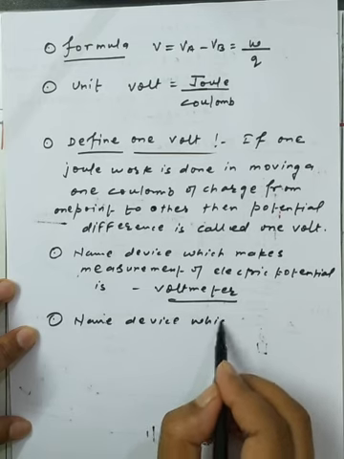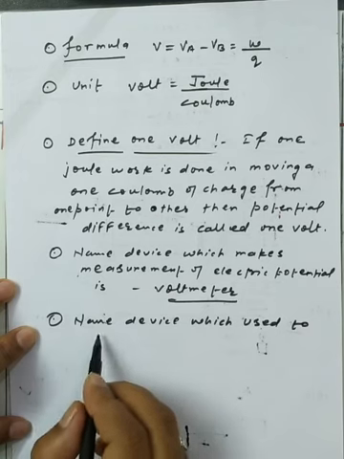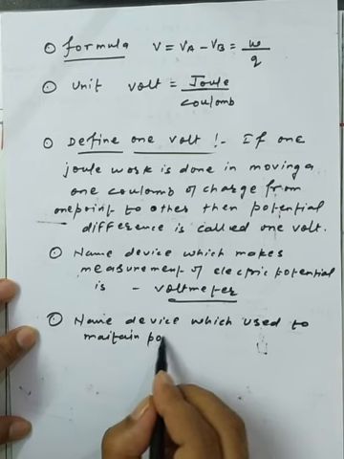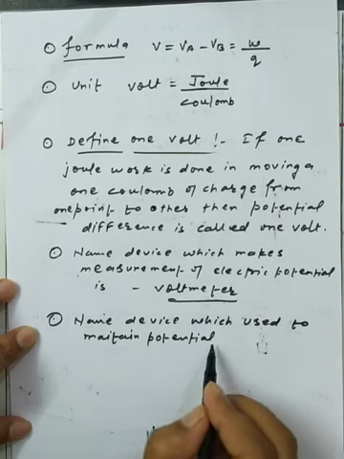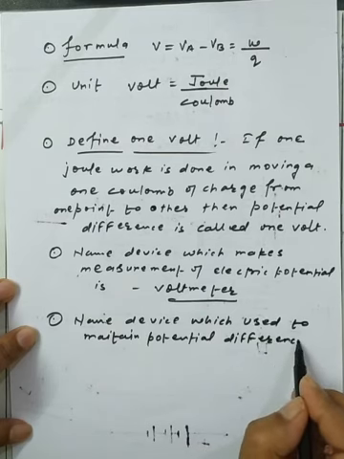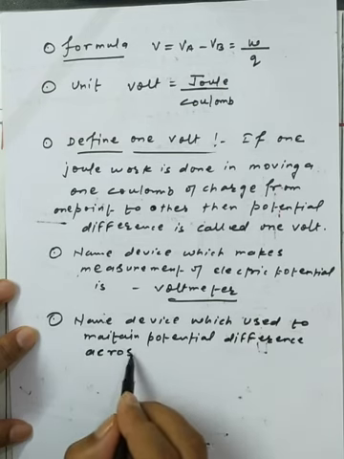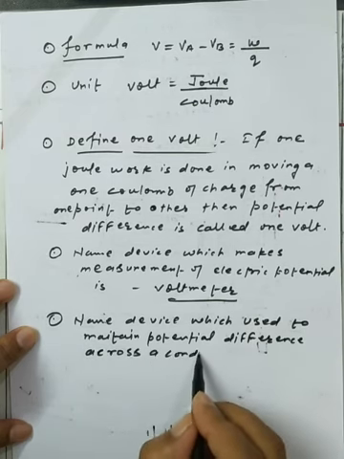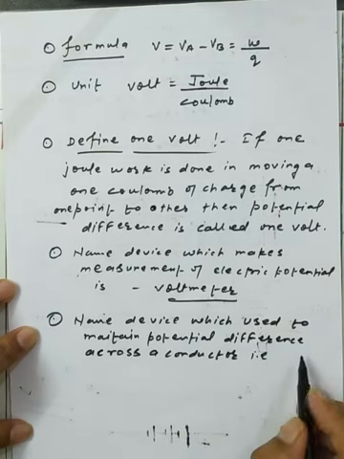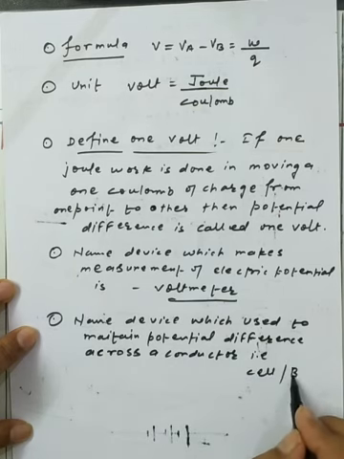Now another basic portion, suppose the question comes in this manner: name the device which is used to maintain potential difference across a conductor. That is a cell or battery.